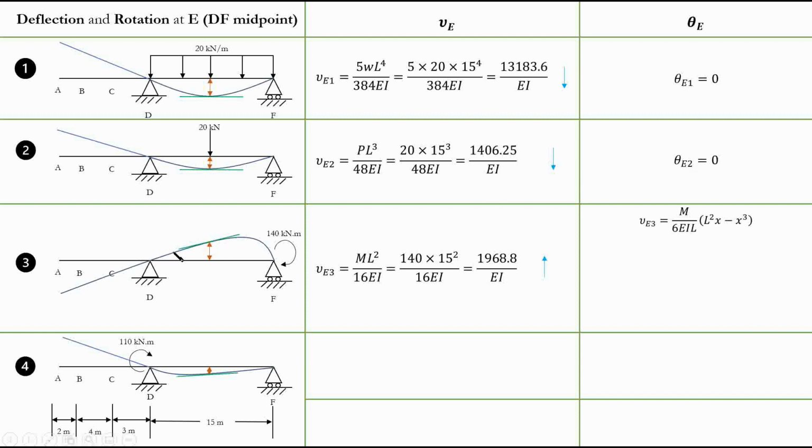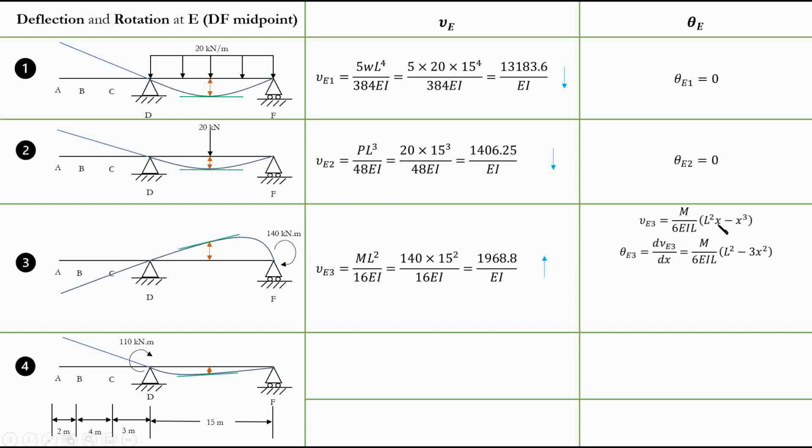Now in calculus, we know that if this is my curve and I find the derivative of this with respect to x, I'm going to find my slope, right? And that's it. This is the equation you can find for the moment case, and you will see that theta EI is going to be this. Just take the derivative of this one.